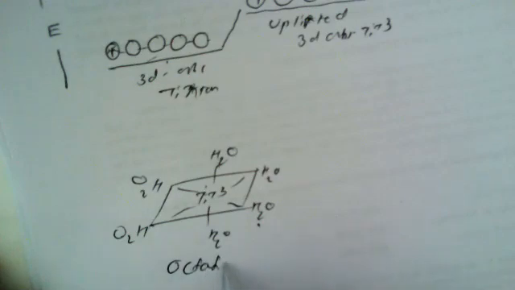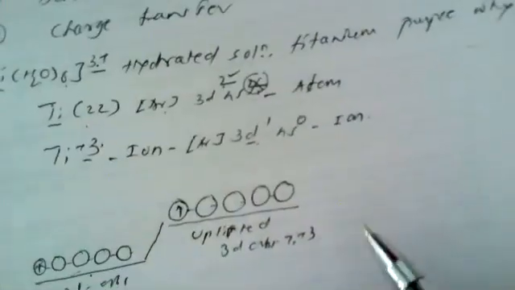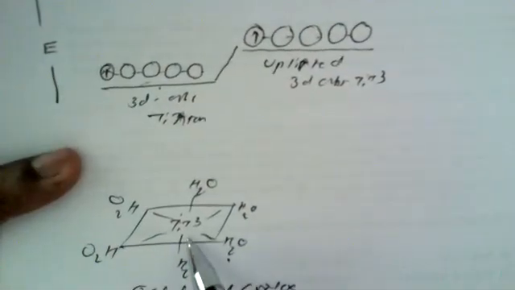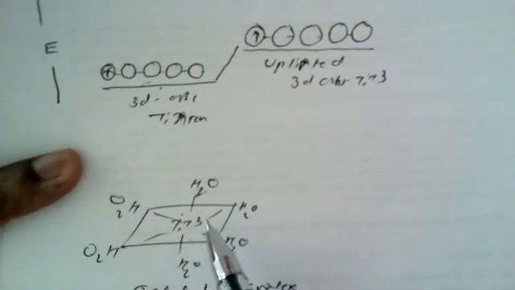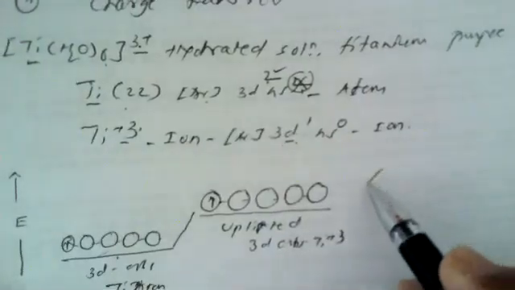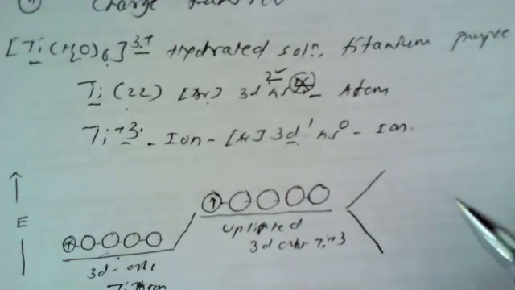This complex is known as the octahedral complex because it has an octahedral geometry. Now, when these 6 water molecules approach the 3d orbitals of titanium, these 5 3d orbitals are split up into 2 sets.